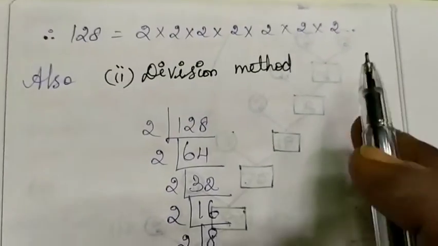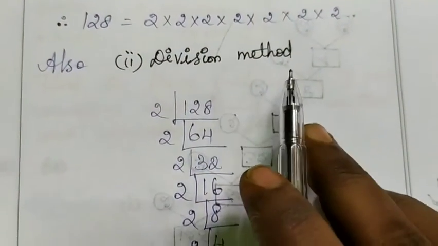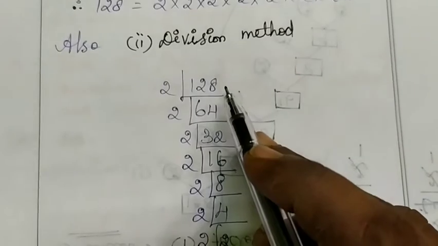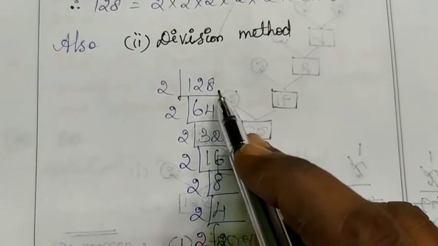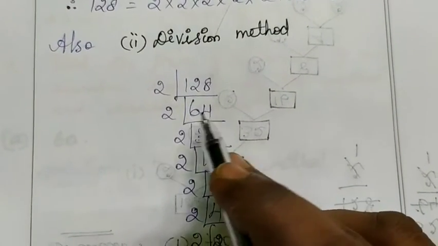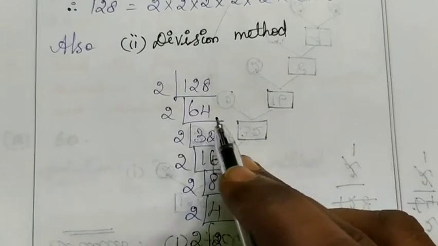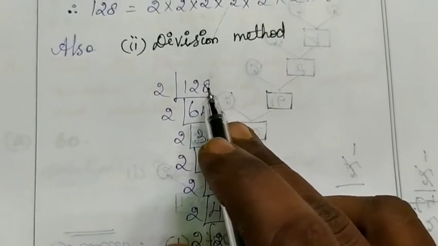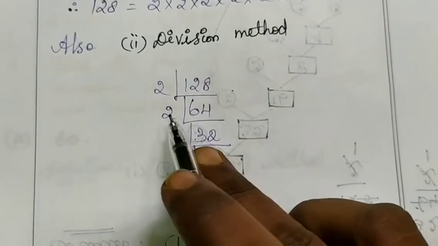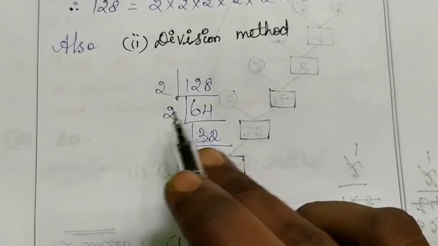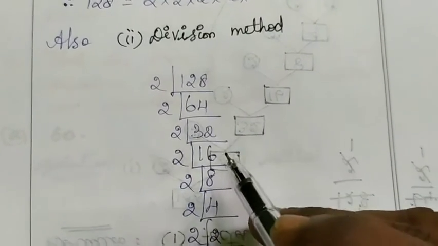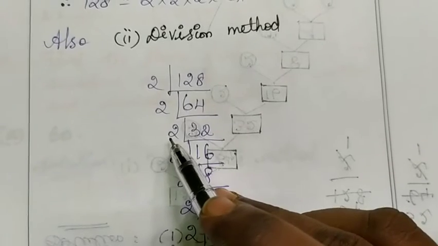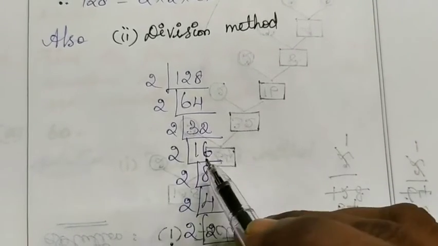Next go to the division method. Division method is also the same. 128 first we take and take 2 table. 64 twos are 128. Next again take 2 table. 32 into 2 we get number 64. Next 32 comes in 2 table also. So take 2 table; 16 twos are 32.